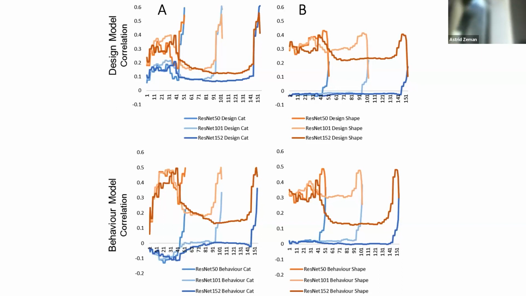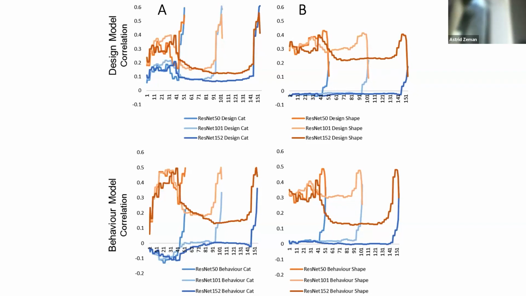So orange is shape information, category is blue, and this is ResNet 50, ResNet 100, ResNet 150, and you know which one is which just because that's where the line terminates. Here shape information and category information are going up. For ResNet 50, there's a dip in the shape and category goes up.